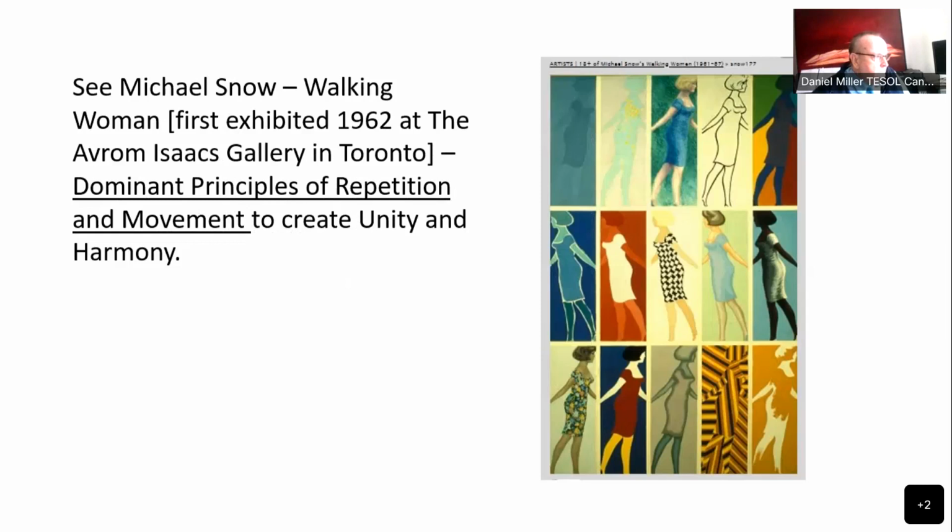If you Google Michael Snow geese, you'll see an interesting article about the fact that in 1982, the Toronto Eaton Centre tied red bows around the necks of all the geese as part of the Christmas decoration. Michael Snow sued the Toronto Eaton Centre because they were affecting his artistic rights to integrity, and the Ontario High Court of Justice actually affirmed that the artist always has the right to integrity of their work.